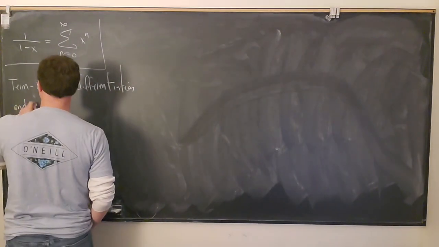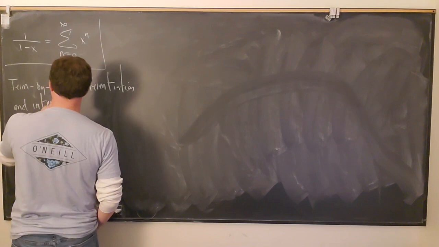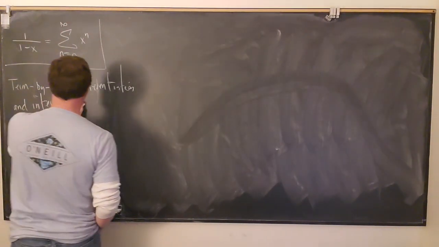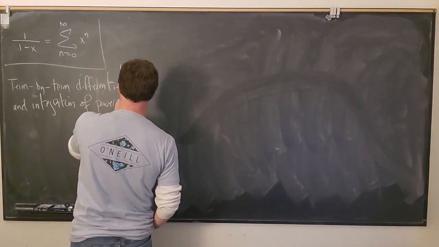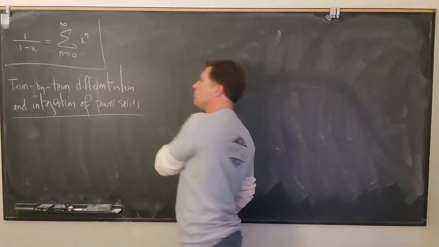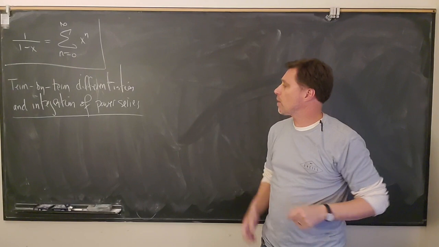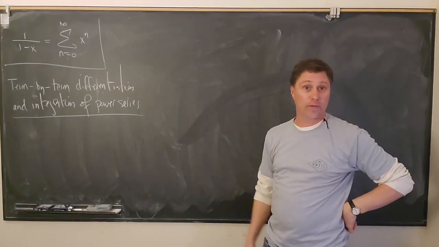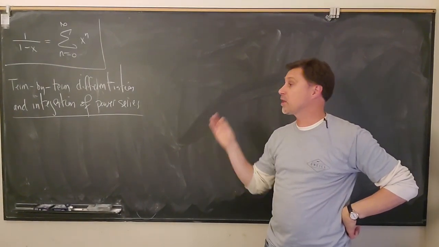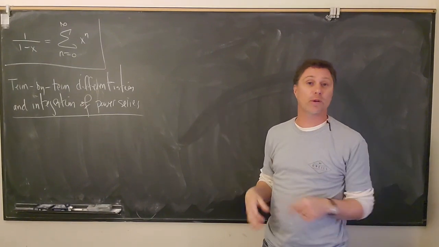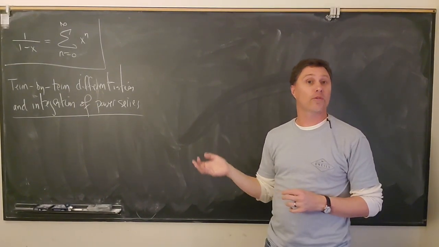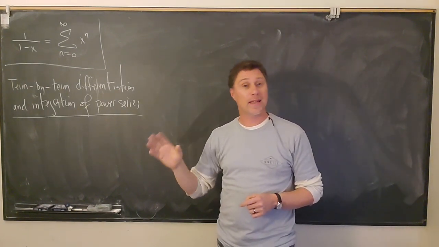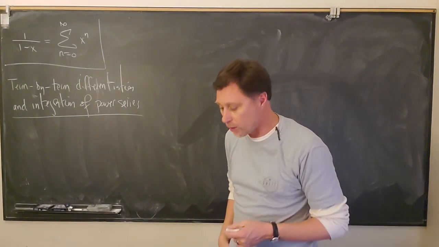I'll write it out precisely, but the idea is if you think about a power series as a polynomial that goes on forever, then the formula for computing the derivative or the antiderivative of a power series matches exactly the formula for taking the derivative or antiderivative of a polynomial.